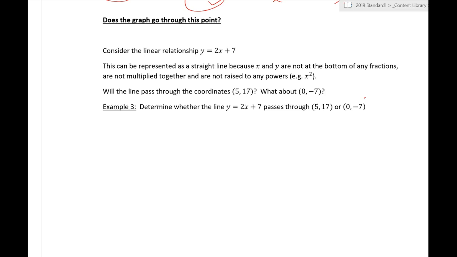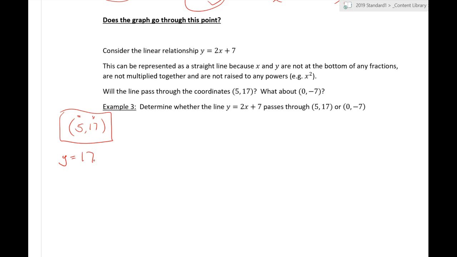Well, let's check. We're going to have a look at the (5, 17) first. I'm just going to write it here so I know what I'm doing. Normally in a question you'd probably only be given one of those, but we've got two here. So let's have a look at (5, 17). Now, remember that's the x and that's the y. So y equals 17.